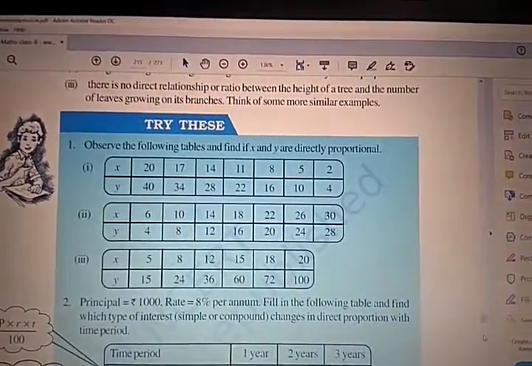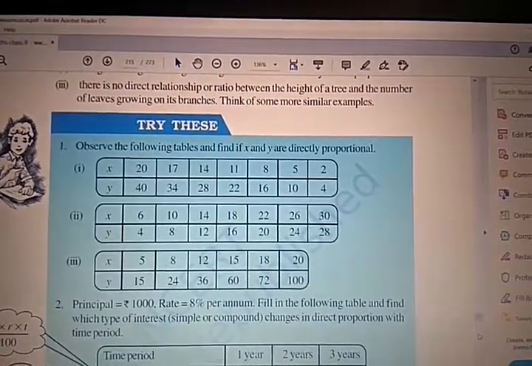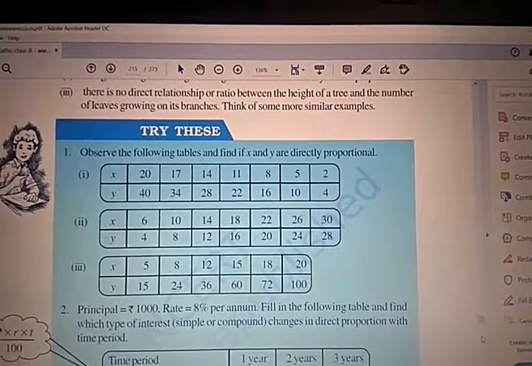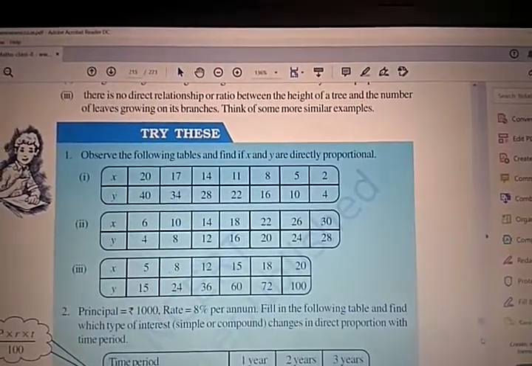Now in the third table, you see 5 upon 15 means 5 threes are 15, 1 upon 3. 8 upon 24, 8 threes are 24, means 1 upon 3. 12 upon 36, 12 threes are 36, 1 upon 3.